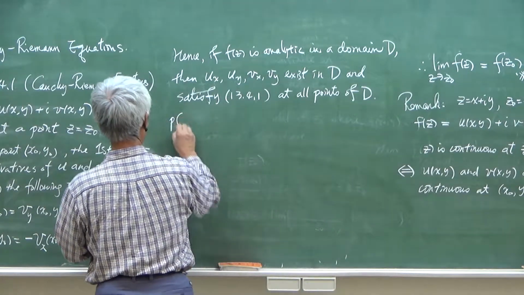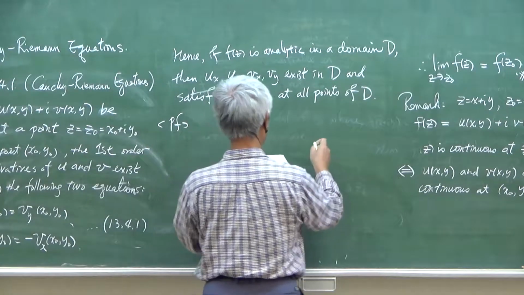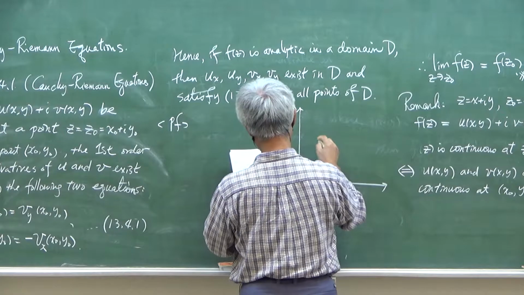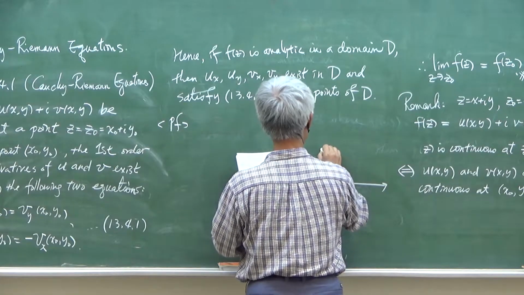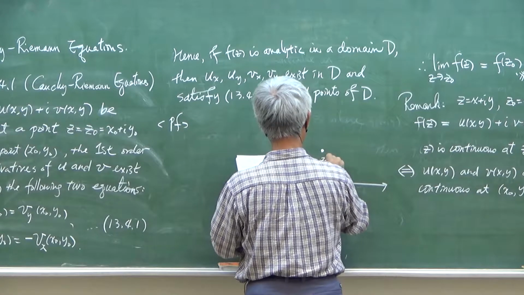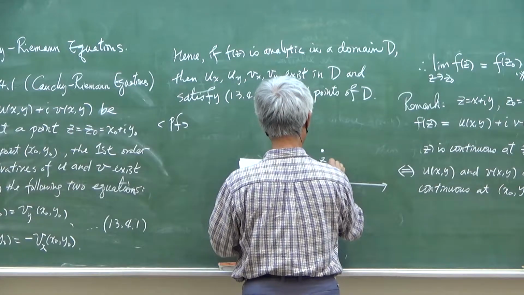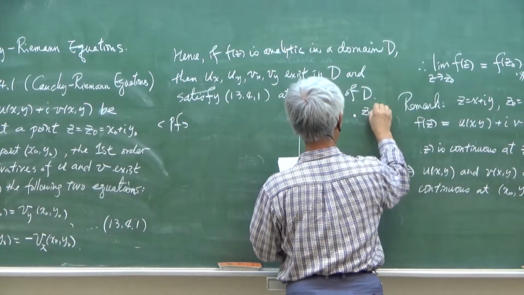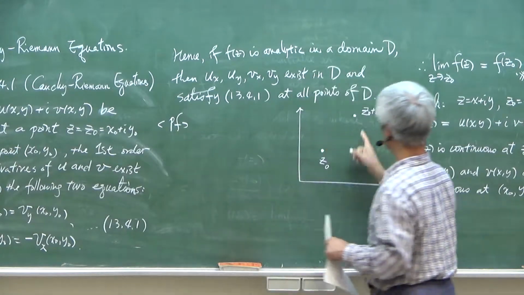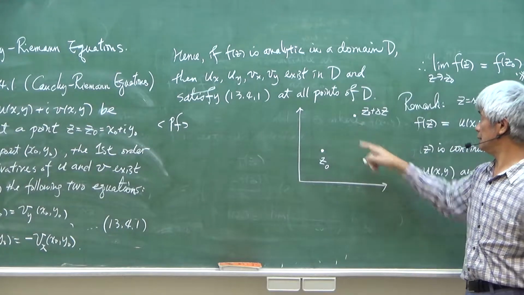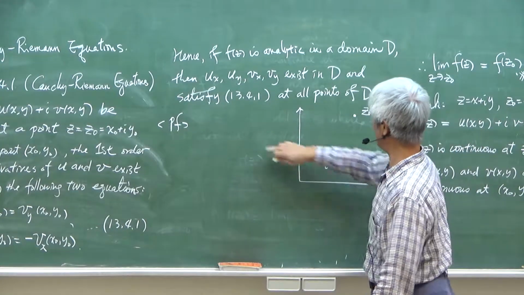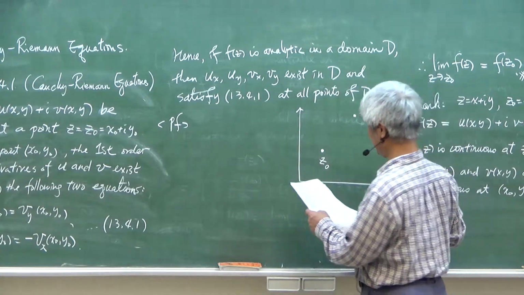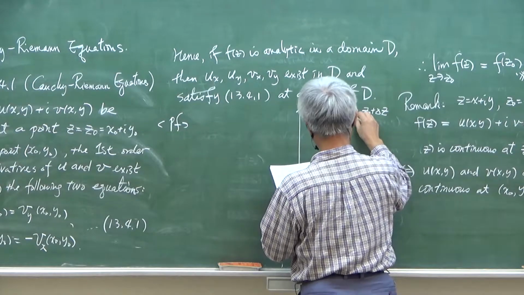Okay, and the proof can be illustrated by this diagram. So this is z0 here, and we start at z0 plus delta z. So we probably start here, and this is in the neighborhood of z0.